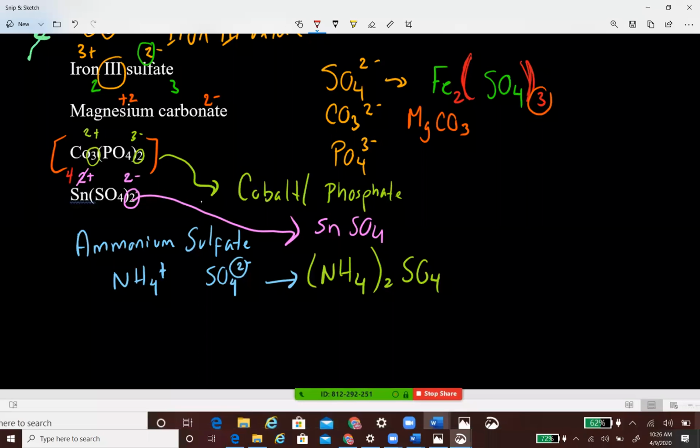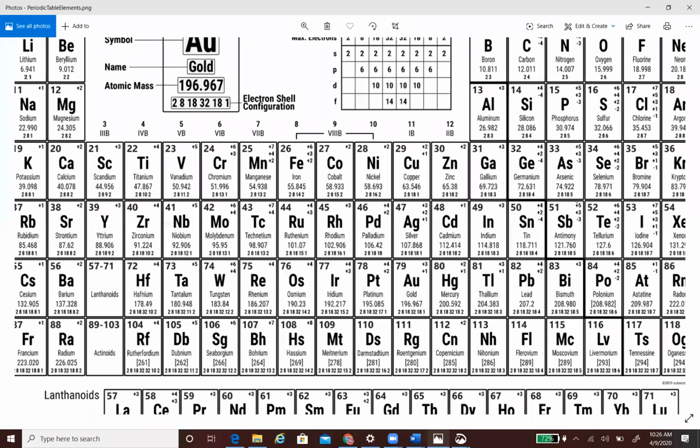We can easily check that. If Sn is +4 and sulfate is -2, then that would predict we would need 2 Sn. By the way, Sn is tin, if you look over here.